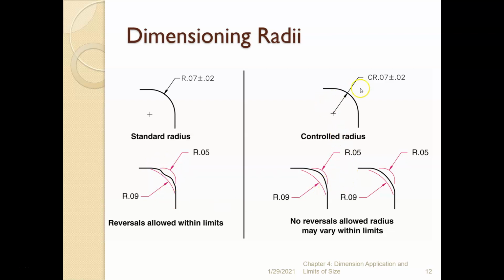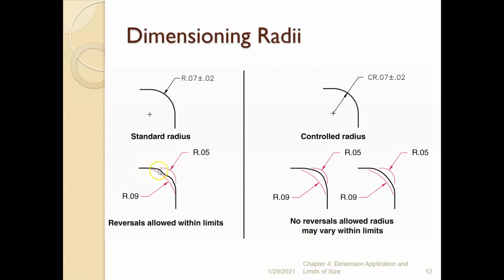Now, there is such a thing as a controlled radius. A controlled radius is the same as a regular radius, except there's no reversals allowed. And we can vary it within the limits. What a reversal is like this example right here. You see that kind of curve, see how it reverses?